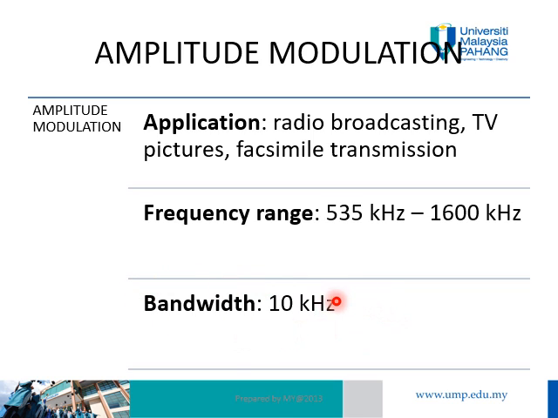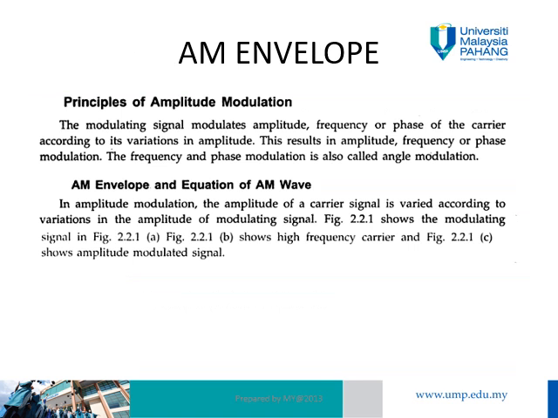So we can see the bandwidth is quite small, in the range of kilohertz. That covers the application, the frequency range and the bandwidth. Here the range is normally in hundreds of kilohertz, or only around 1 megahertz.